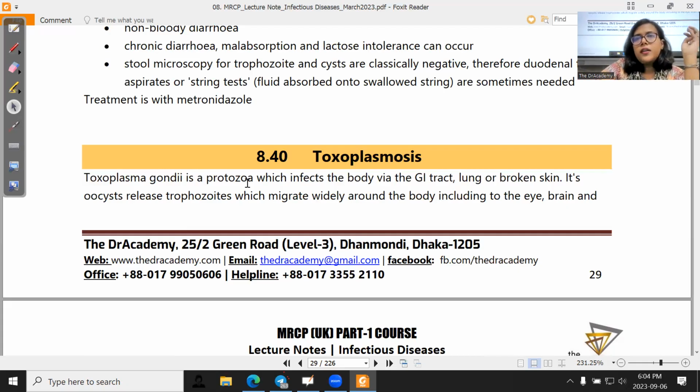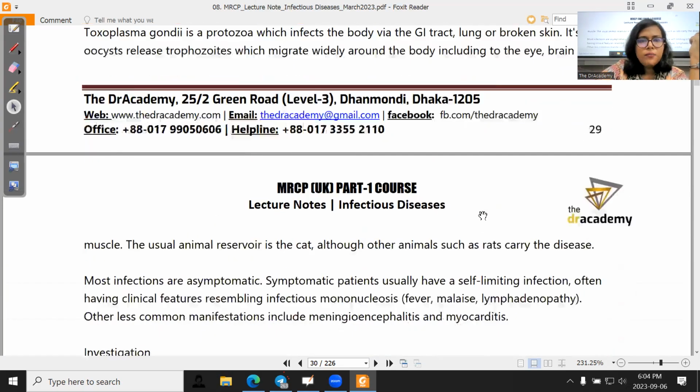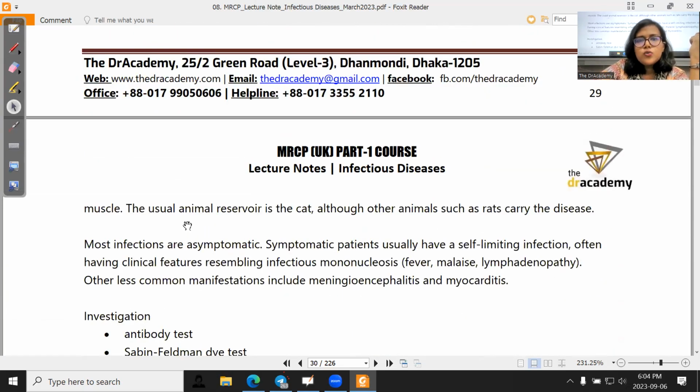So through the fecal-oral route, the inhalation route, and even sometimes skin breaches, this Toxoplasma gondii protozoa can enter the body. So it can affect the body via the GI tract, lung, or broken skin. The oocyst releases trophozoites, which migrate widely around the body, including the eye, brain, and muscle. The usual animal reservoir is the cat, although other animals such as rats can carry the disease.